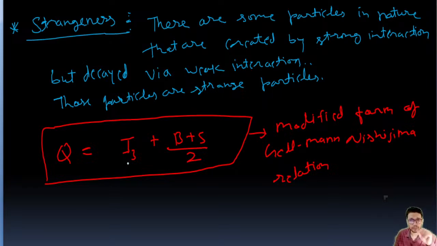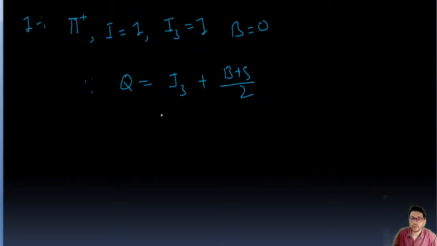By this formula you can easily find any particle's strangeness by putting in the values. You just need to know the chart which I have explained, and I3 you can find out, and the charge you can easily find out, so you can easily find the strangeness. This formula is very important for getting strangeness, so you need to note it down and practice questions. So Q for pi plus means charge is plus 1.